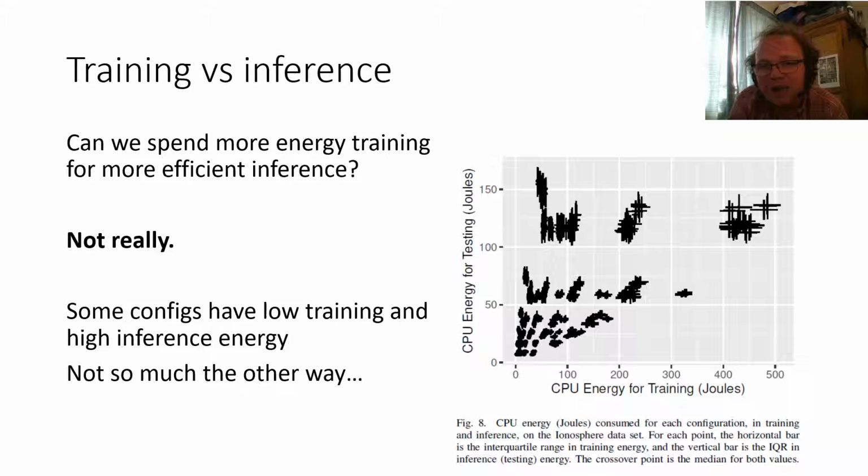And what we can see here is that there is quite a broad spread, although there is loosely a positive correlation between the two. So that sought after trade-off doesn't really appear to be coming through.